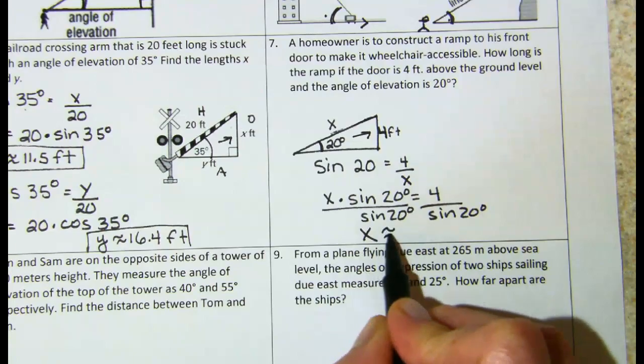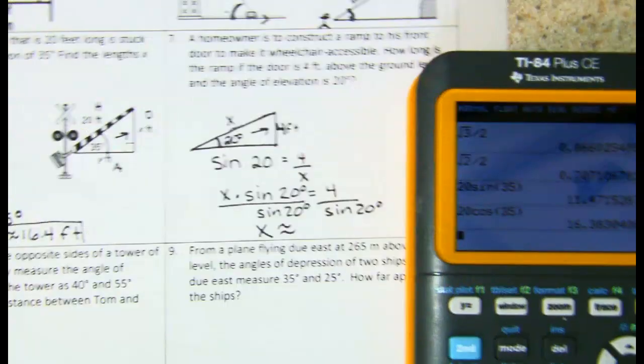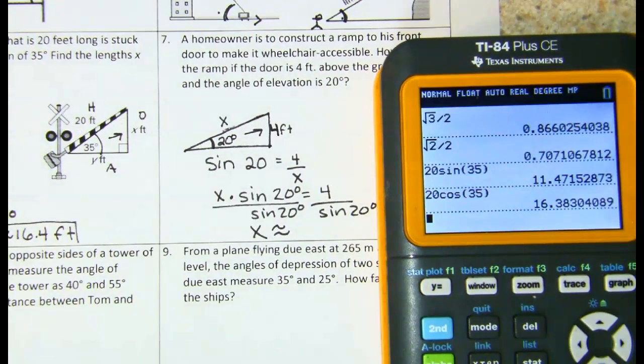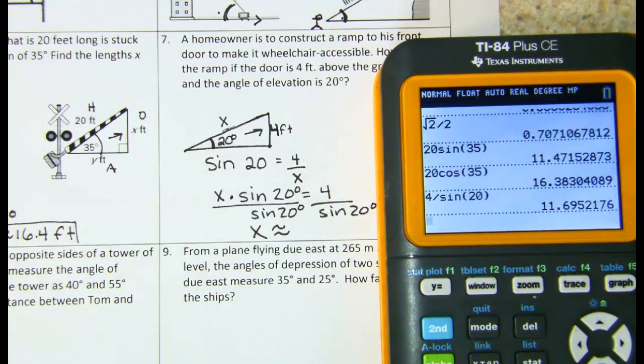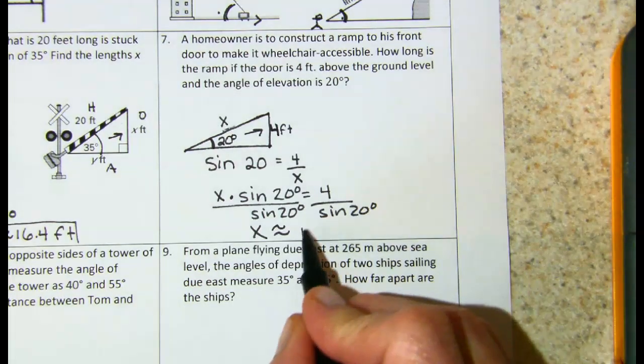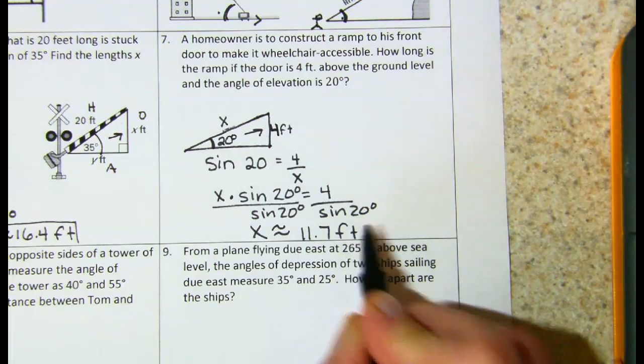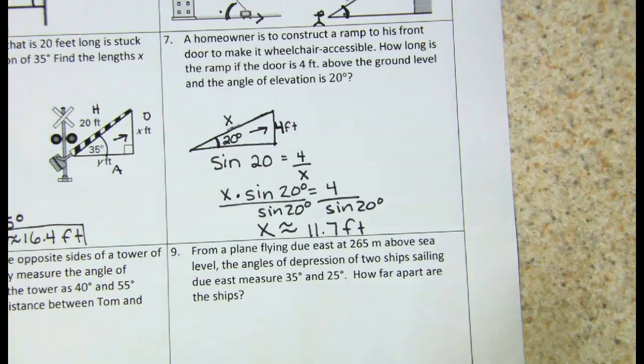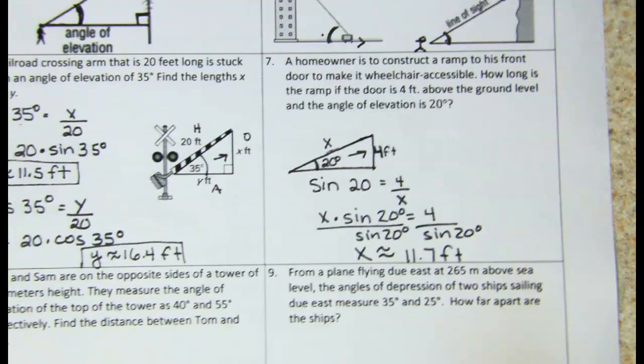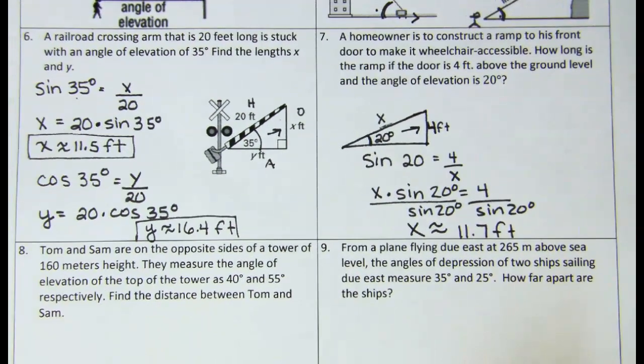X is approximately. Now go to your calculator. 4 divided by sine 20. That is going to be approximately 11.7 feet.